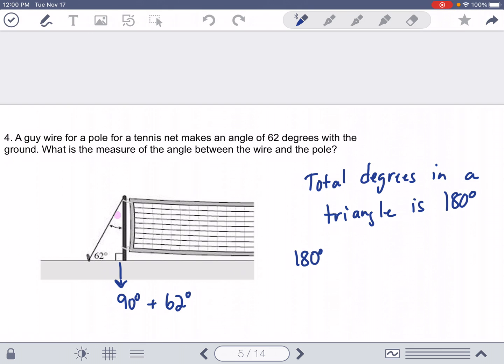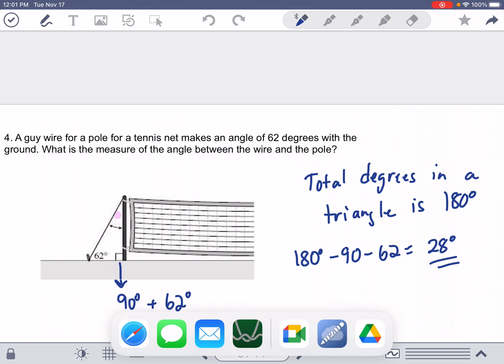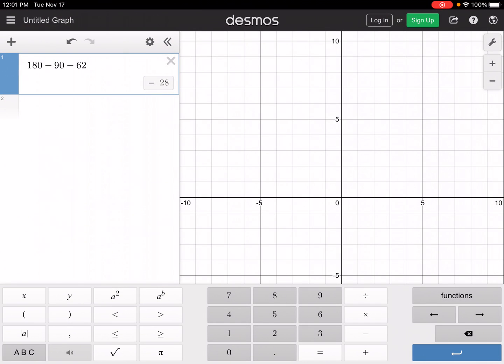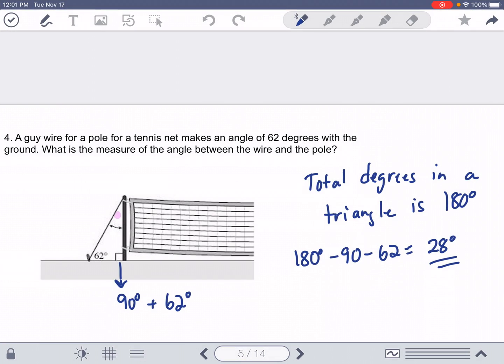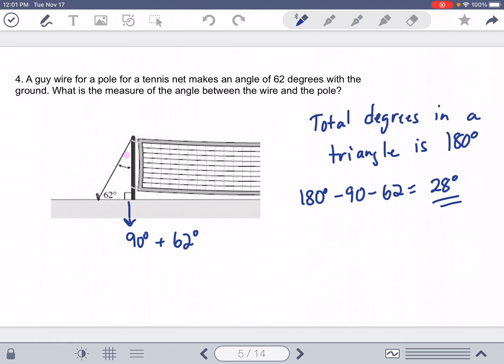So 180 subtract 90 subtract 62, and I'm pretty sure it was 28. Let me double check. Yep, it was 28. That is what I got left over. So that angle is 28 degrees.